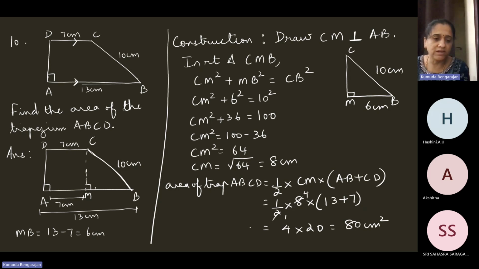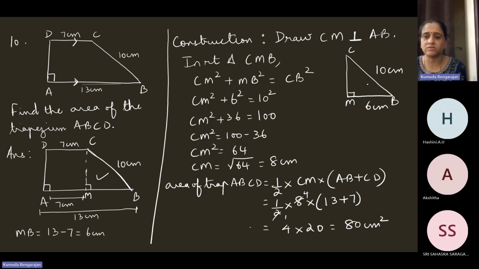Now take up this triangle CMB, because you want to find CM, which is the value of h to be used in the formula. Use Pythagoras theorem. So CM square plus MB square is equal to CB square. You know MB is 6 and CB is 10.